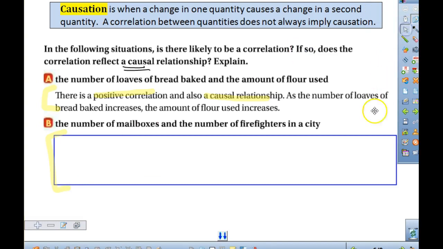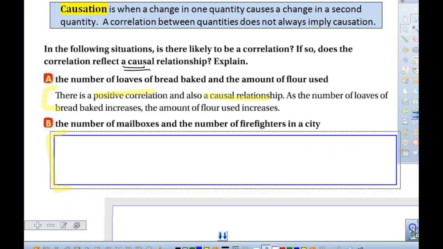This next situation says the number of mailboxes and the number of firefighters in the city. I want you to think about this. Mailboxes aren't just at houses, right? They're in apartments. If you have more mailboxes, what does that probably mean? More houses, more people, right? But does that cause you to have more firefighters?